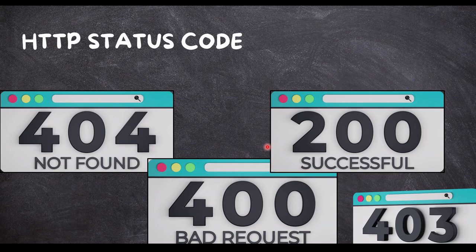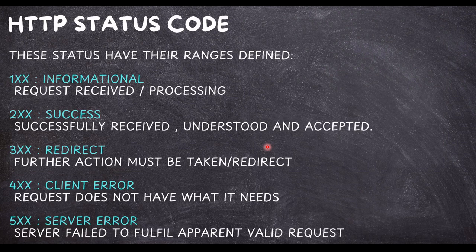Okay, so there are different types of status codes, so we'll look into it. Just think, if we had defined these status codes arbitrarily, then it would be very tough for us to ever use them.